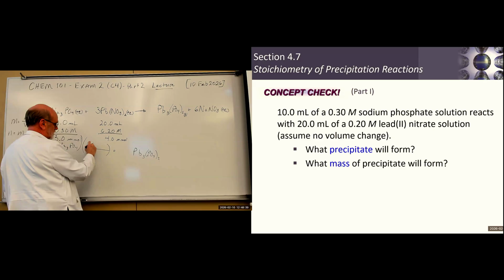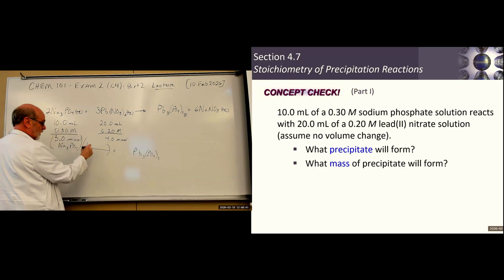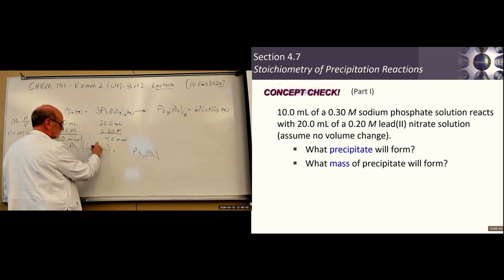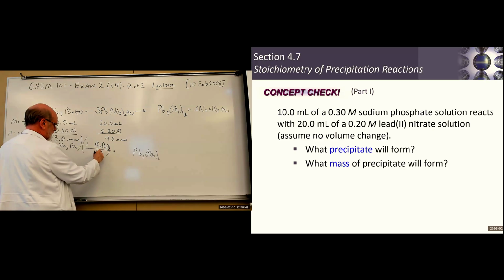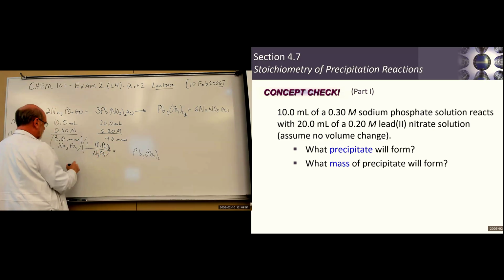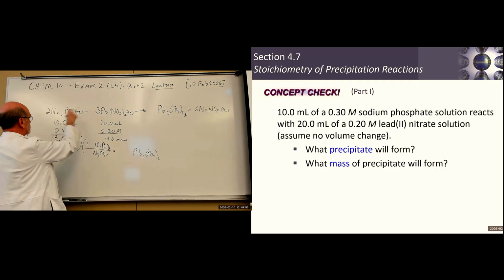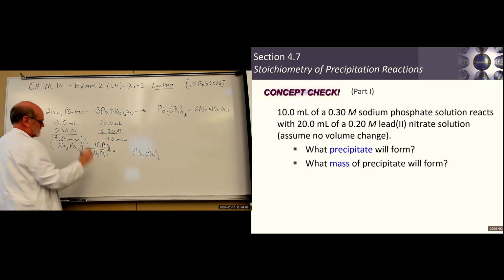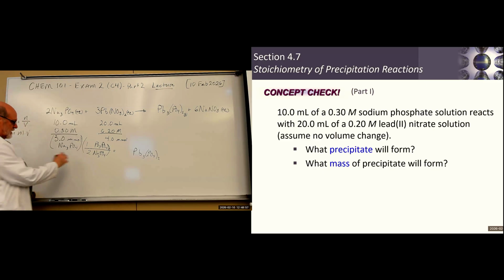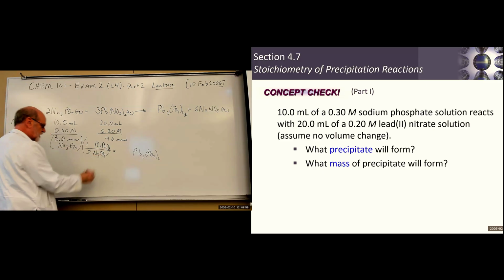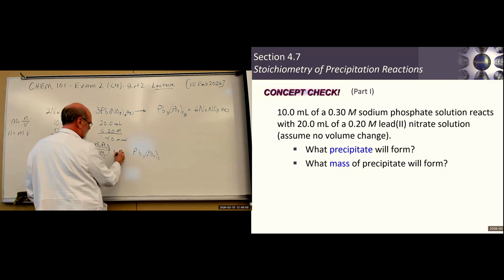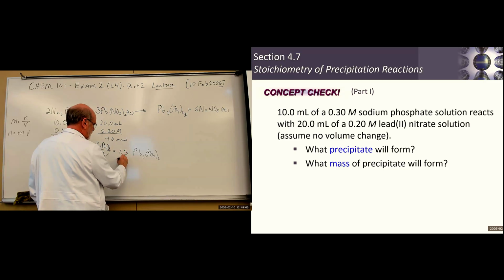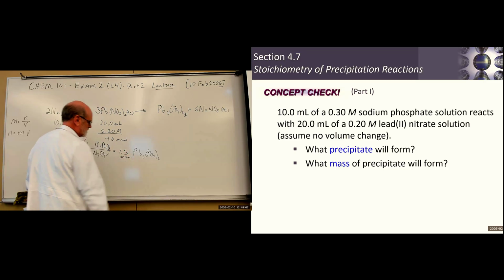So it's 1 millimole of this one. And on the bottom, we put sodium phosphate to cancel out. And this one is 2. Okay. So that cancels this one here, and this is 1/2 of 3, which is 1.5 millimoles.